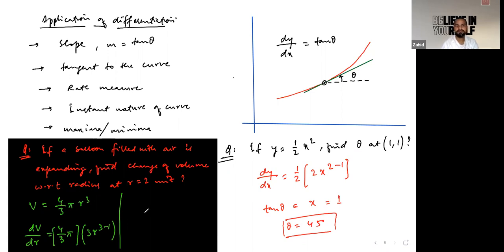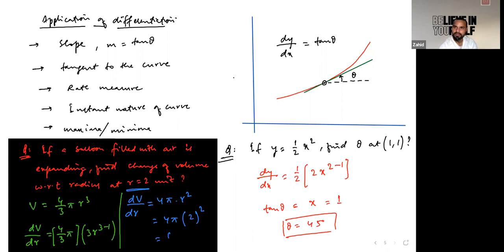Okay. Now, if you further simplify it, you will get dv over dr is equal to, this 3 and this 3 would cancel out, so you'll get 4 pi and r squared. Now we have the value of r as 2, so put it here. You will get 4 pi into r squared, so the square of 2 would be 4, into 4.